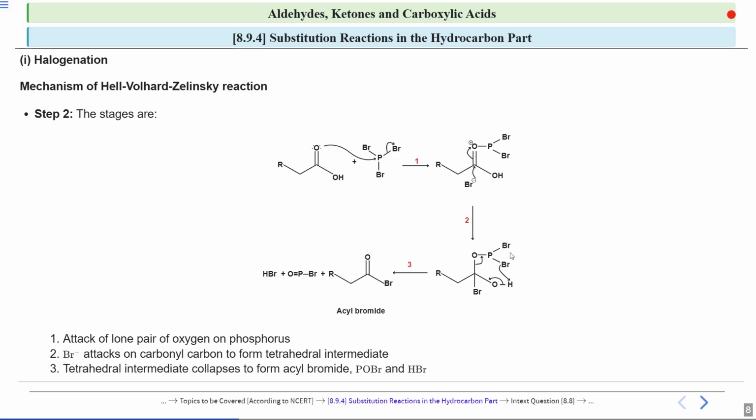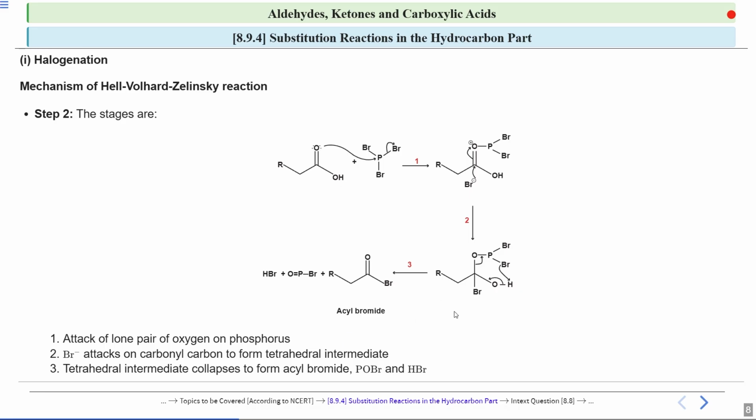And finally, this tetrahedral intermediate collapses, leading to the formation of acyl bromide. This is acyl bromide, and POBr and HBr. This means the original carboxylic acid has been converted to acyl bromide, and we got the byproducts, phosphorus oxybromide and hydrogen bromide.